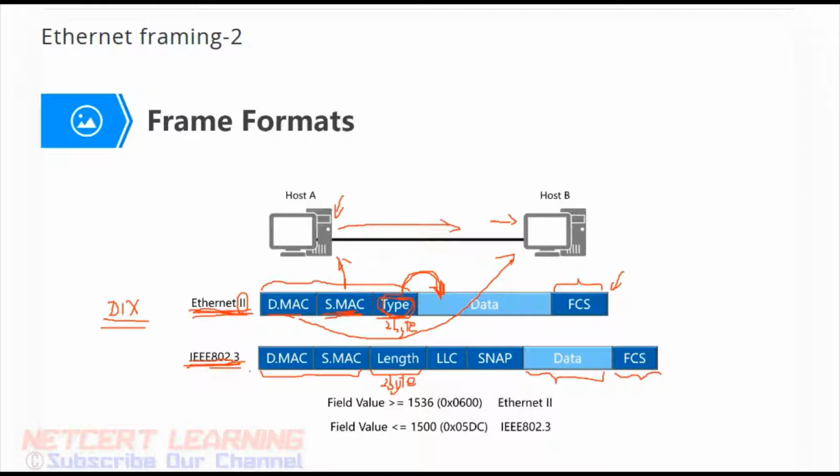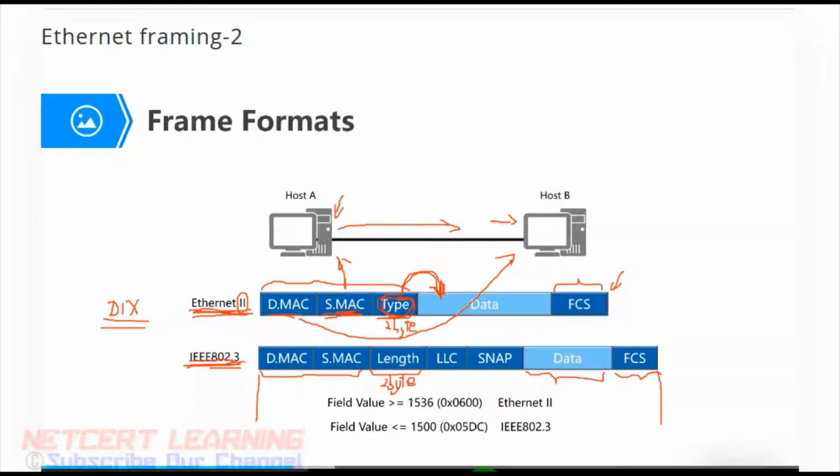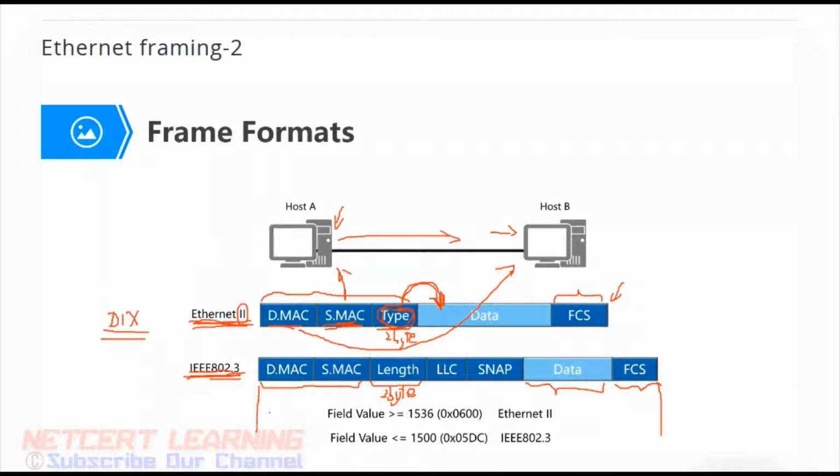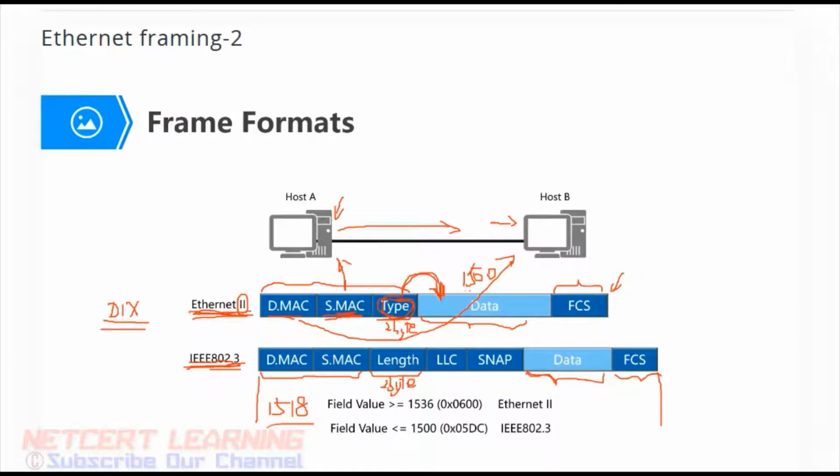So there's a specification. The Ethernet specification says the upper layer data should not exceed 1,500 bytes.